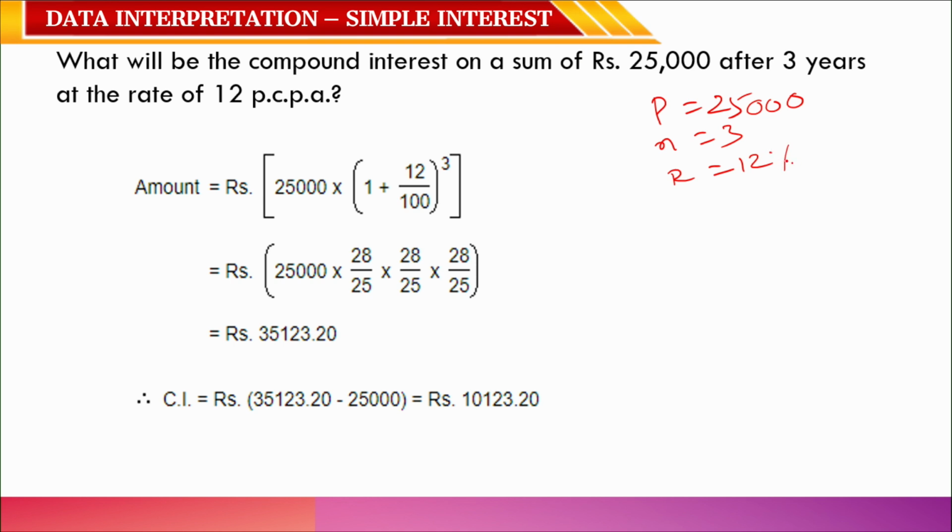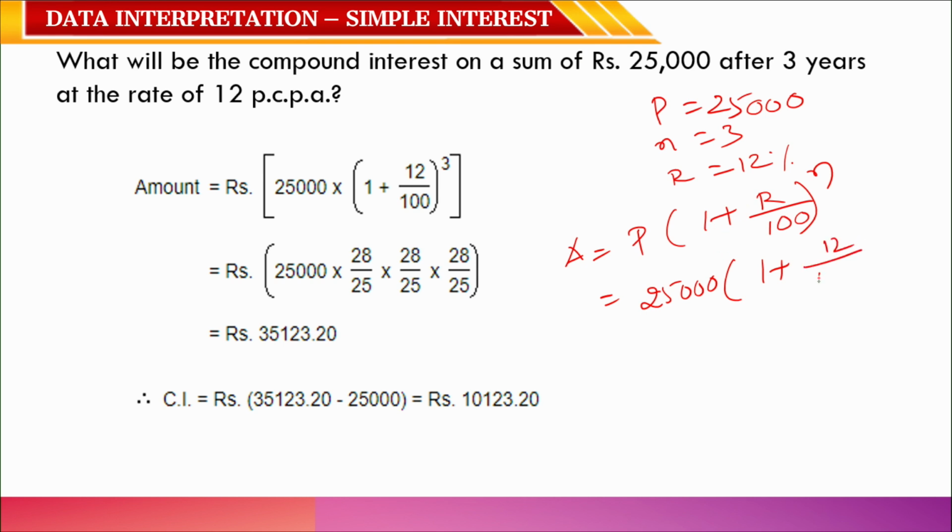Then what is the formula? As you know, the total amount A equals P of 1 plus R by 100 whole power n. That is P is 25,000, 1 plus R is 12 by 100 whole power n, n is 3, correct.